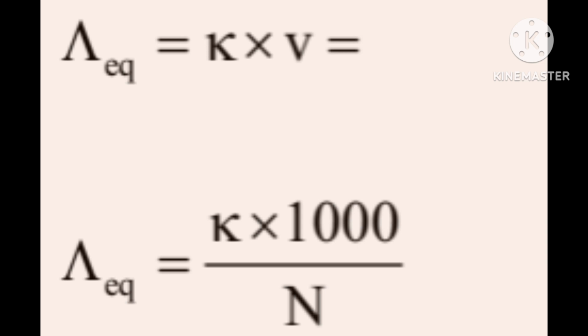That's why you write Λm⁰ for the maximum. But at any other time, what will the molar conductivity be? At any other time, we are not talking about zero concentration or infinite dilution. Any other concentration will be less than the maximum.